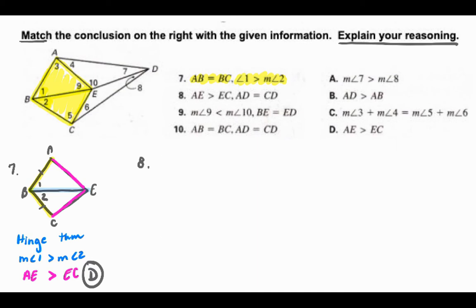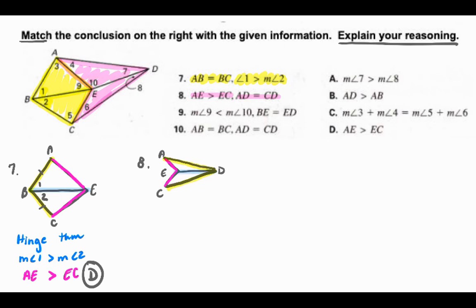Problem 8. So I'm going to look for the triangle that has AE and EC, as well as AD and CD. So with this one, we're working with these two triangles. So I'm going to do a quick redraw of that information. So we have A, D, C, and E. We have information about an inequality with the set of sides, and we have congruent sides and a shared side.